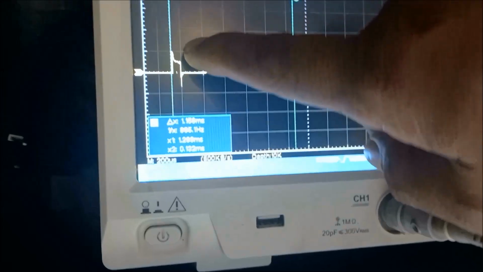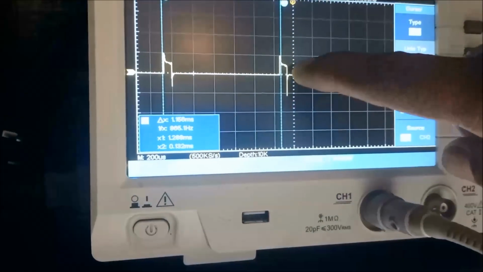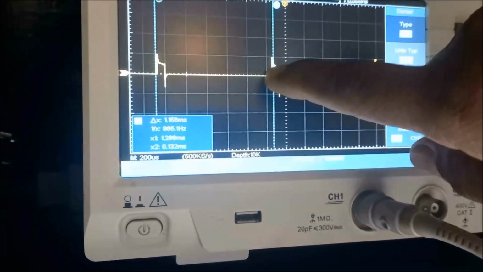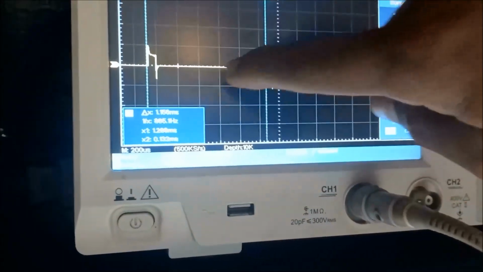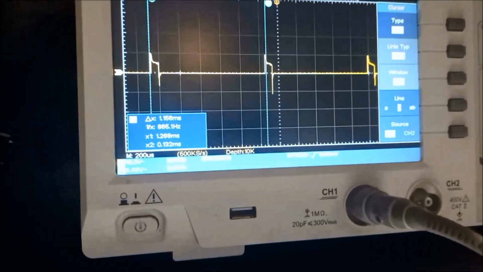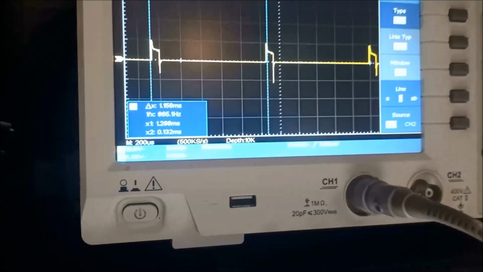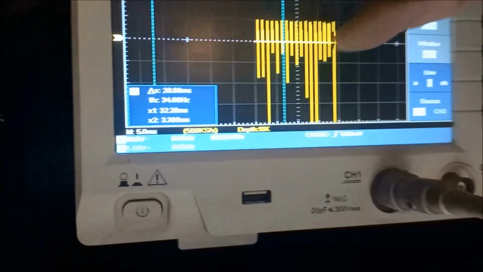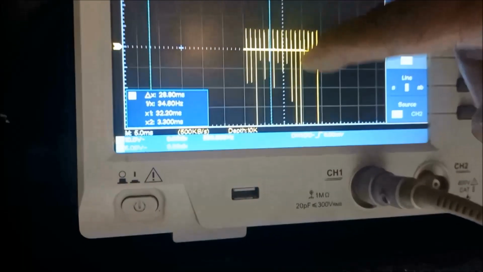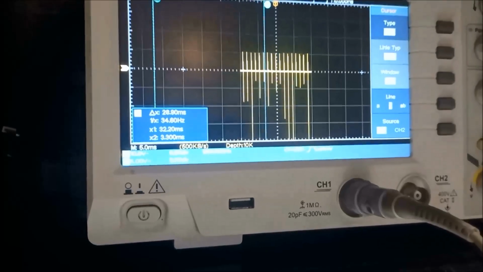And then this one is the period, from here to the other rising waveform. This is the waveform. So we made a snapshot, a snapshot of the waveform.